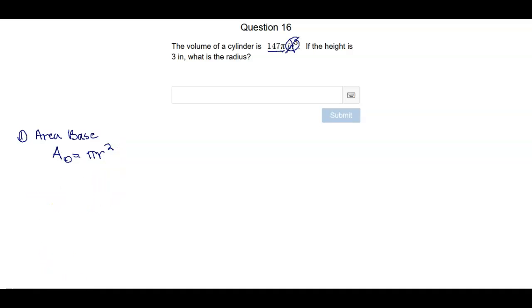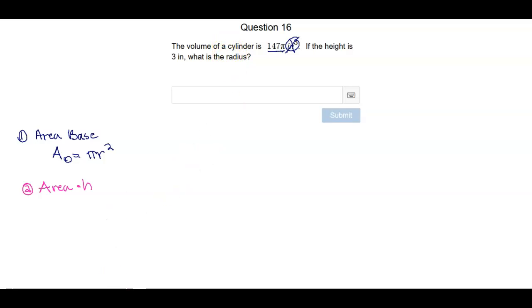The second thing that we're going to do is take the area and multiply it times the height. Area times height. And because this is a cylinder, those are the only two steps that we need to do. We don't need to worry about dividing by 3 because it's a cylinder. It doesn't have an apex.